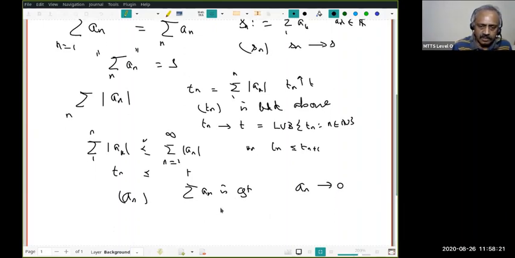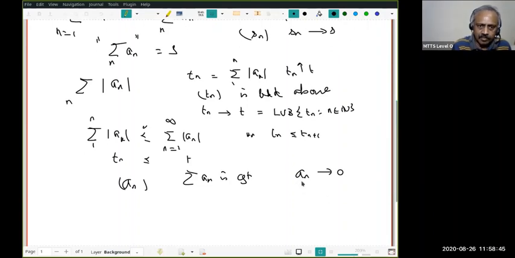Usually, loosely, people would say the nth term goes to 0, but the correct way of saying it is: given a sequence, form the associated infinite series. Then if this series is convergent, the original sequence converges to 0. In particular, the sequence a_n must be bounded. Is that clear? These are some of the basic ideas I need.